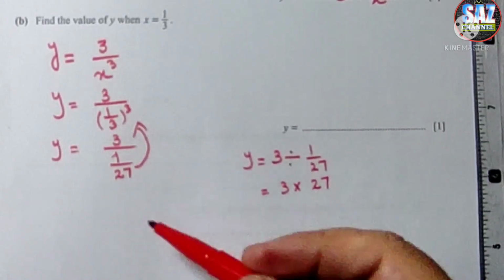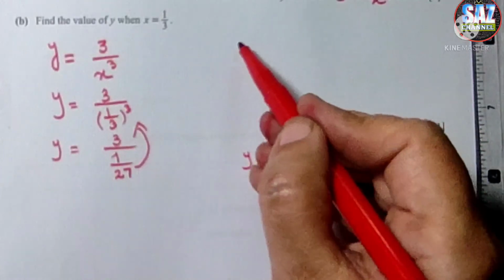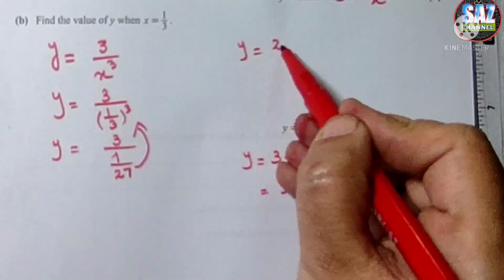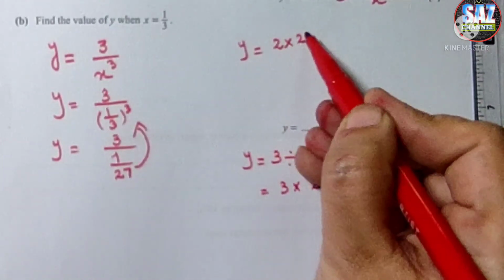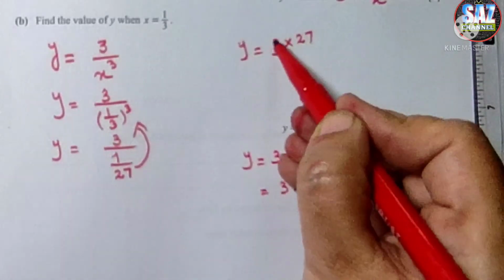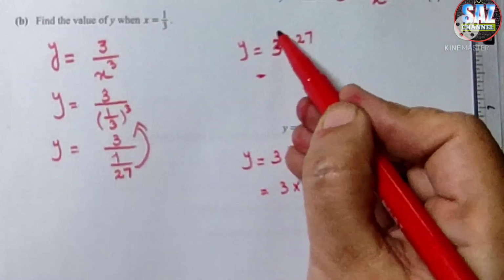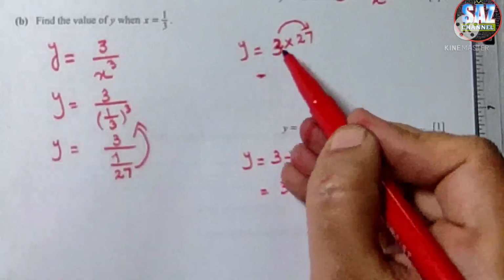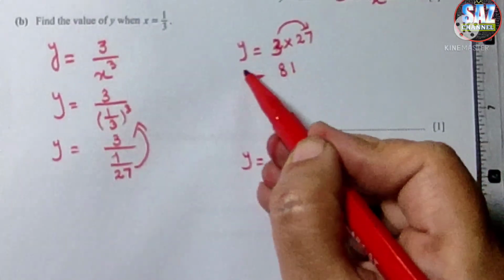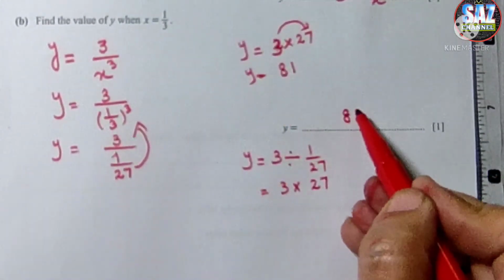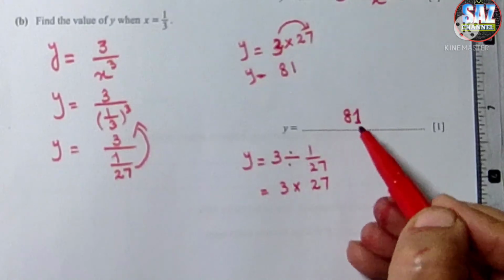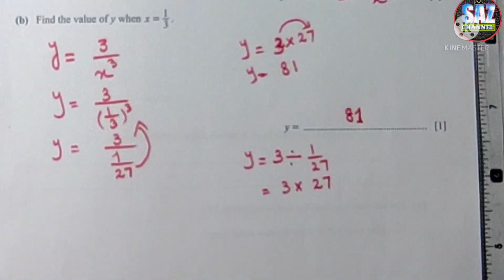So y equals 3 times 27, and 7 3s are 21, 3 2s are 6 and 2 is 8, y equals 81. Really easy and interesting questions. You should just have command on the basic concepts of D1 and D2 and you can grab the marks easily. Moving to the next question.